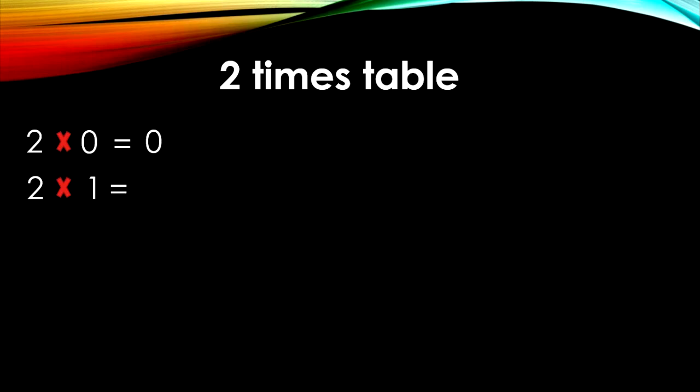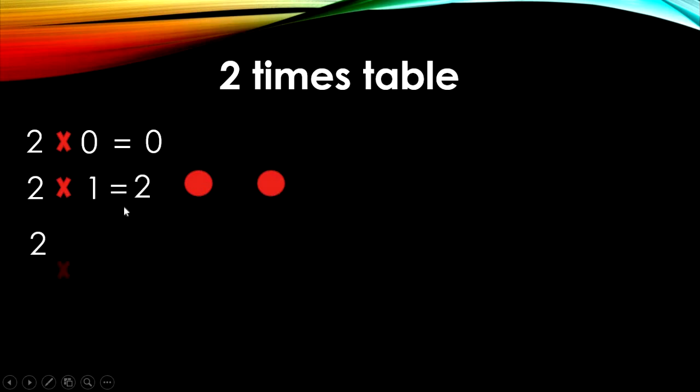Each group should contain one object. The first group, 1, the second group, 1. Now let's count the objects that we have in order to get the total. 1, 2. It means 2 times 1 is equal to 2.